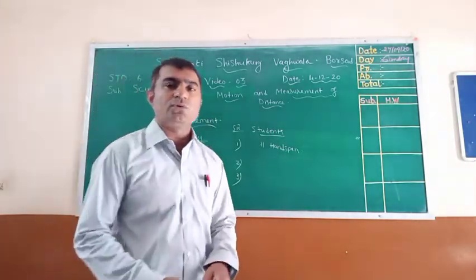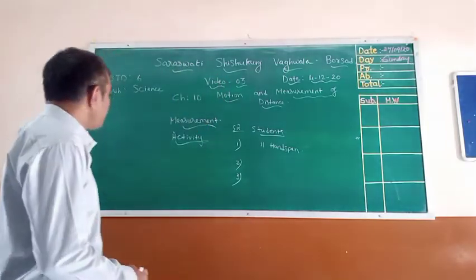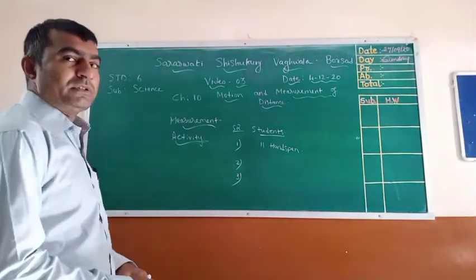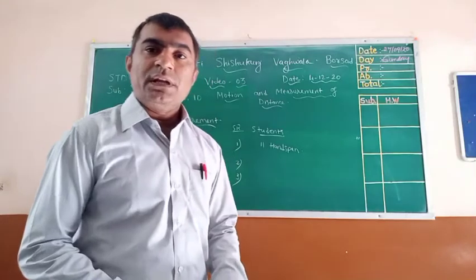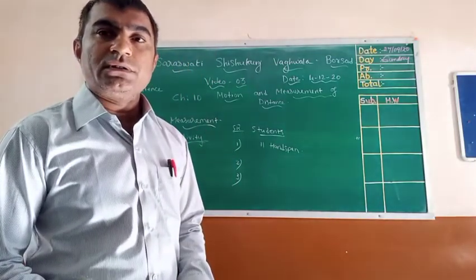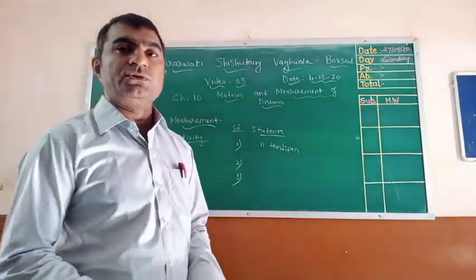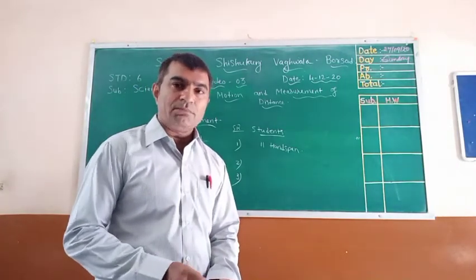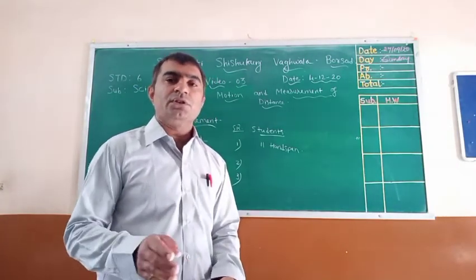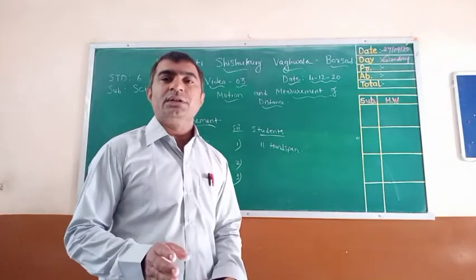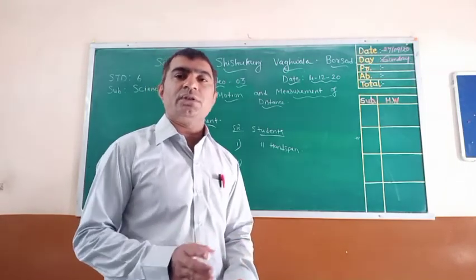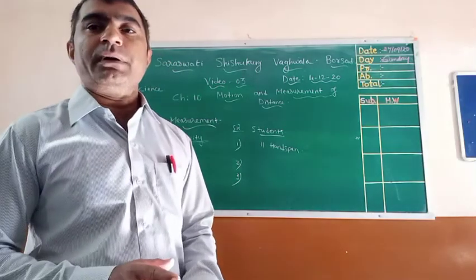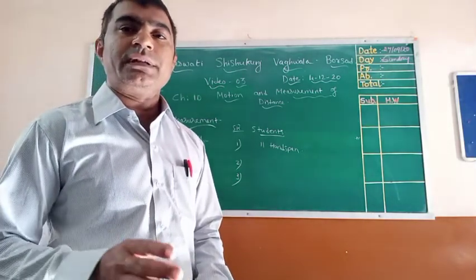So these were the modes of transport, and then we have seen the measurement, how people used to measure in the olden days, and we have seen one of the body parts used for measurement, and that is the hand span. So we will see some more measurements used in the olden days, and we will see the body parts also which are used for measurement, right, in the next video.